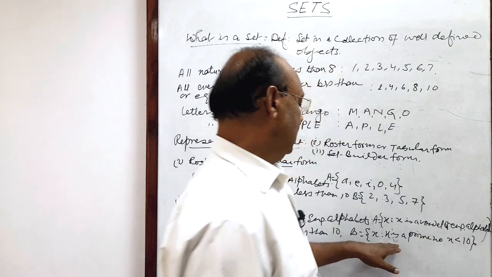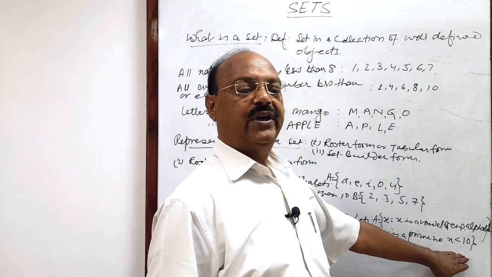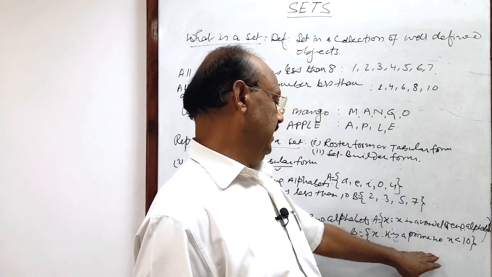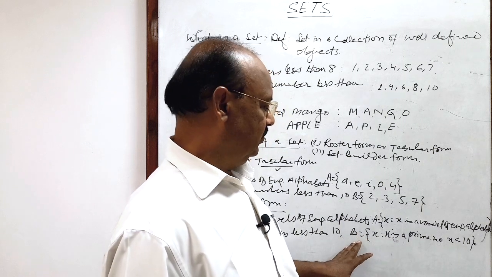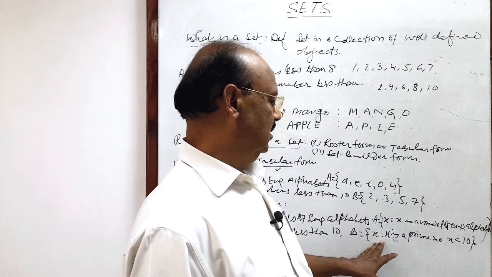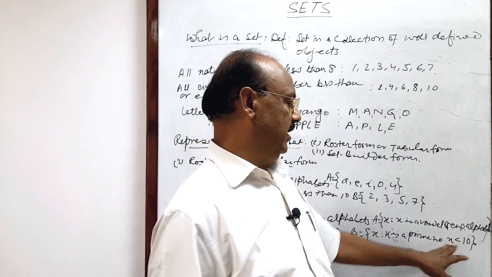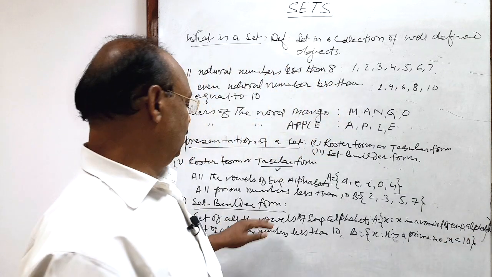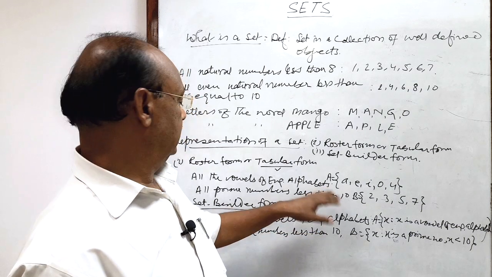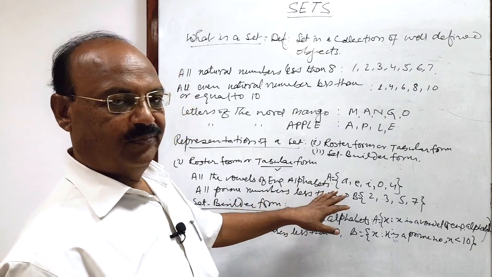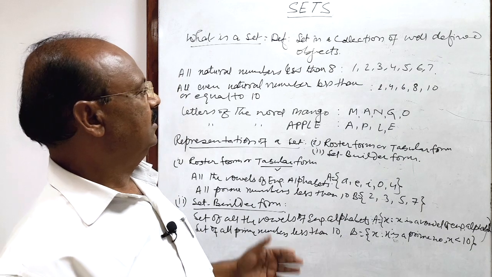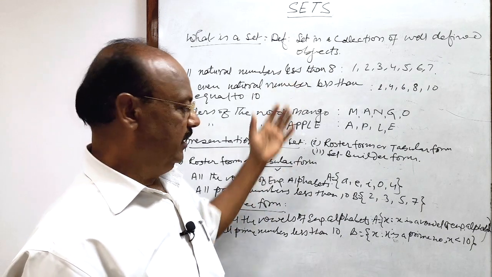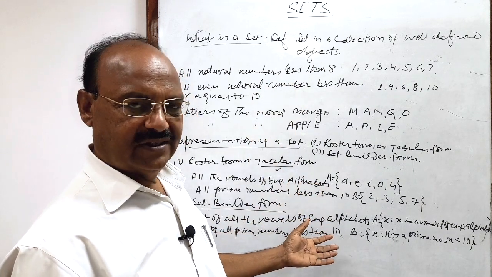So just you are mentioning the common property of all the objects, all the elements. So B is the set of X such that X is a prime number and X is less than 10. So this is the example of set builder form. These are the examples of roster form. So now this is clear what a set is and how to represent a set.